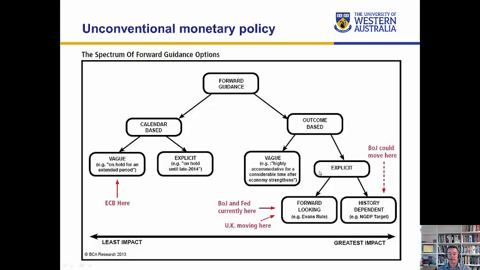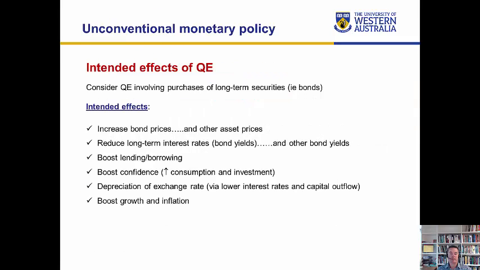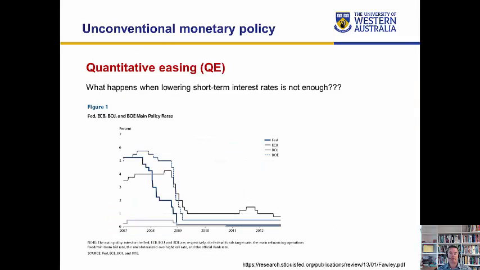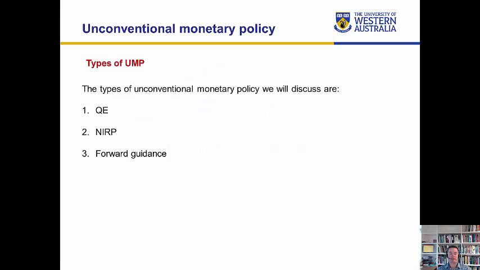Okay, so that said, with forward guidance, just keep in mind, if we go right back up to the top here, it's part of unconventional monetary policy. You certainly need to do most of your work on QE and less work on NIRP and forward guidance.